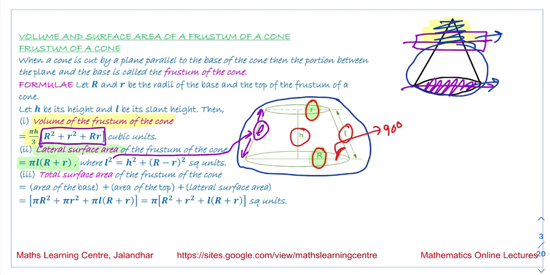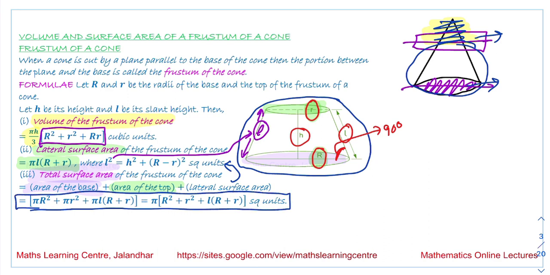The total surface area of the frustum is given by the area of the base, which is a circle, plus the area of the top part, which is a circle, plus the lateral surface area that we have already defined. The sum of all these three values is given by this formula.